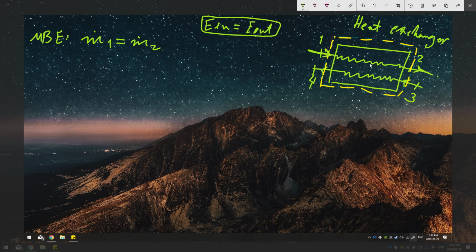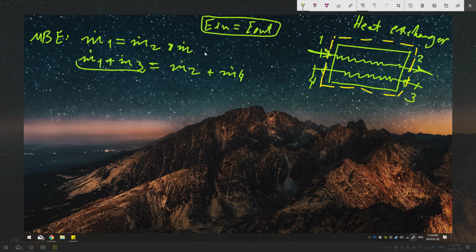Now some of you might think, why don't we put M1 plus M3 is equal to M2 plus M4? Well, the reason we don't put this is because M1 and M3 are not mixing. This is different. However, the correct way to say it is M1 is equal to M2, and we'll put here an apostrophe, a comma.